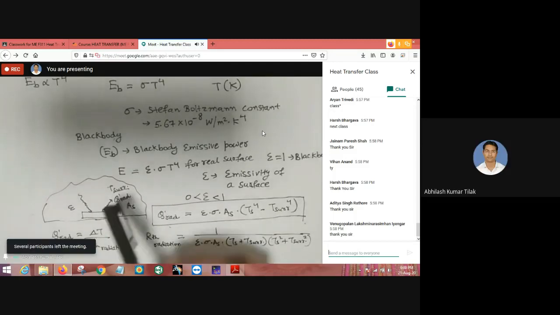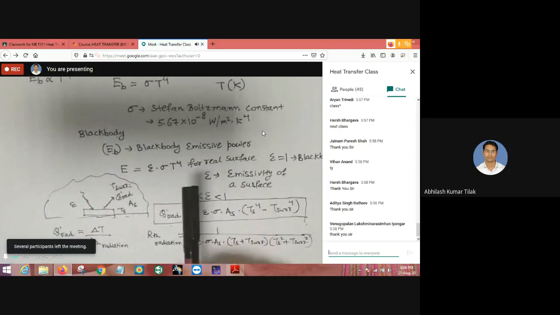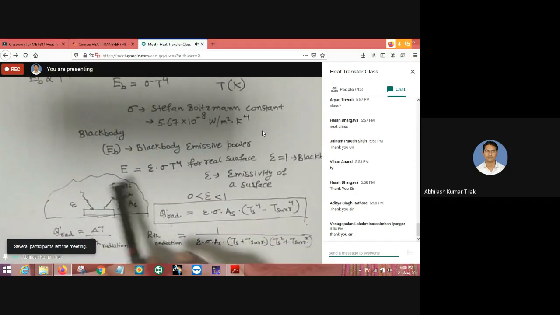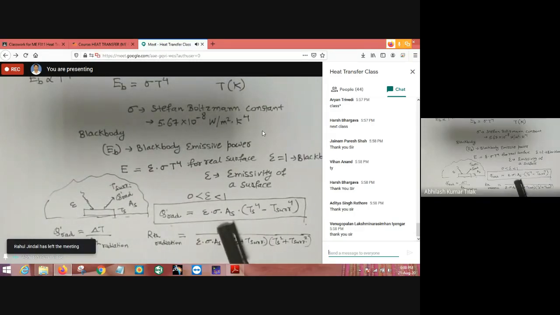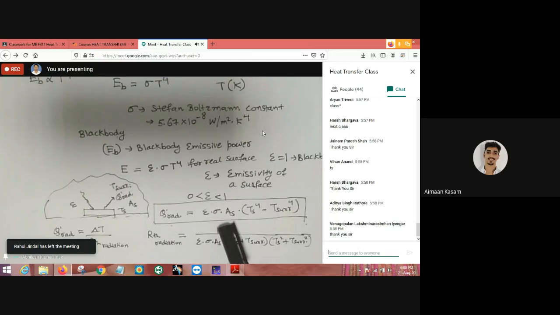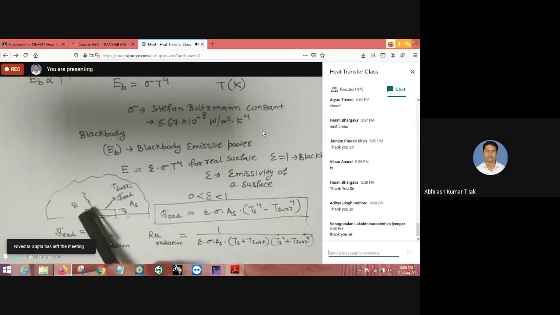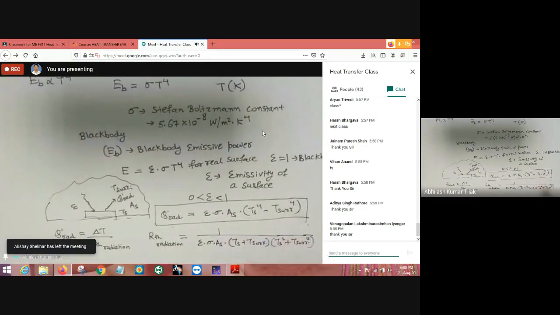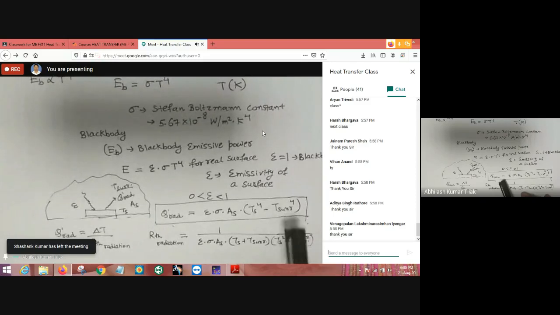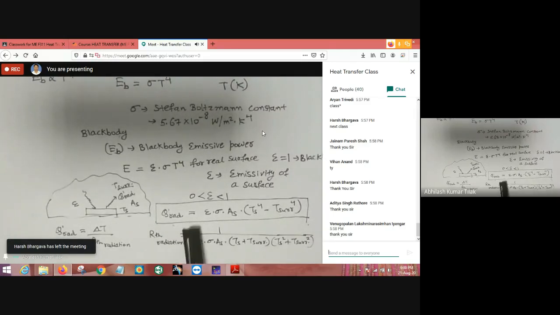Just to consider a general case, if there is a surrounding or any body which is maintained at T surrounding, I have written it in this form, taking the emissivity as epsilon for the surface. If you are considering an enclosure with a surface having emissivity epsilon, you can write in this form. We will discuss this in detail in the radiation chapter. I will show you how we get this.